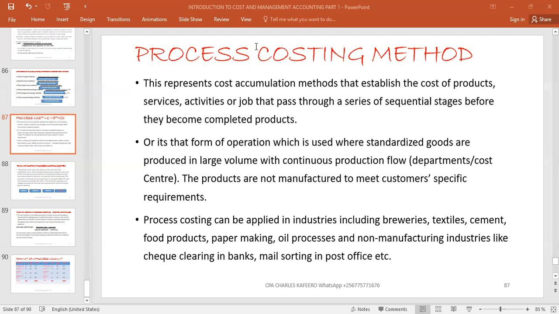Of course, those are not part of our syllabus, but maybe we can talk about them later, because what I want to first concentrate on is process costing, because it has a bit of complicated computation, especially when there is work in progress and degrees of completion. That's why I chose to begin with this. But the other ones are a bit okay.